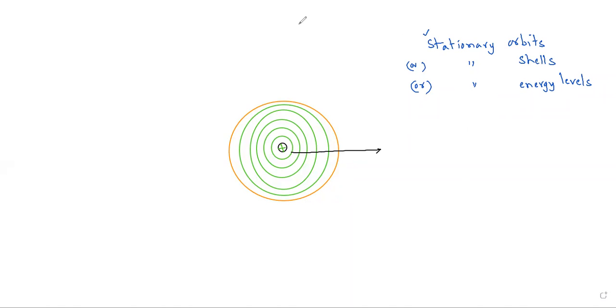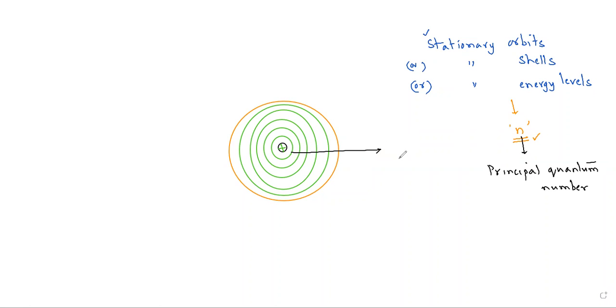Now, these orbits, shells, or energy levels are represented by small n. Of course, later this small n was given the name principal quantum number, again by Bohr himself. Let this be n equal to 1.